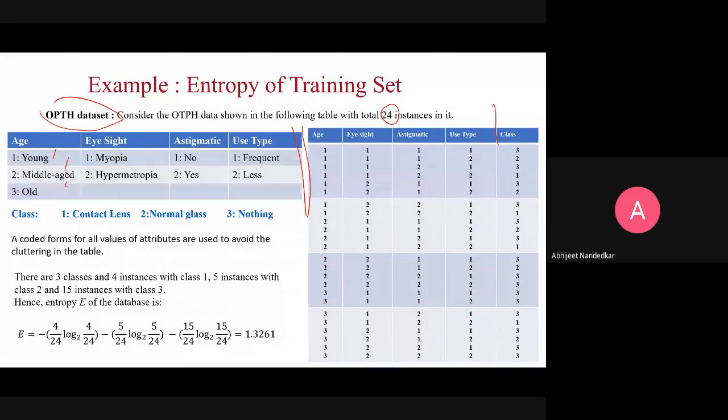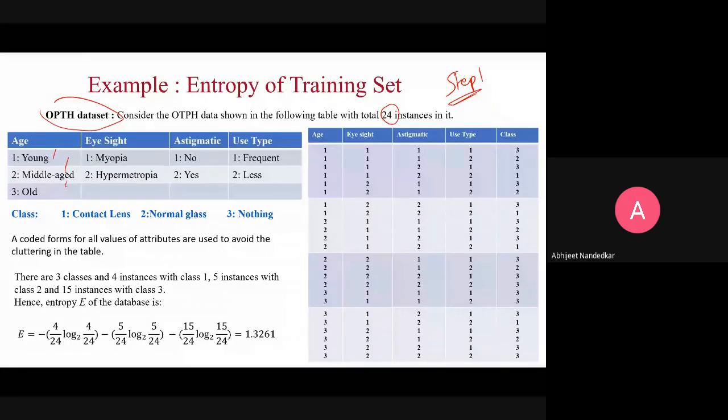We are not interested in meanings, we are interested in how to construct a decision tree for this data. As a first step, step number 1, we find out the entropy of this table, how much information uncertainty is involved in it. So the basic idea is to find the entropy of the complete table.